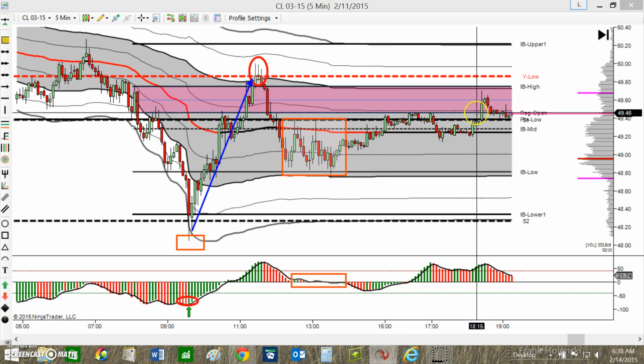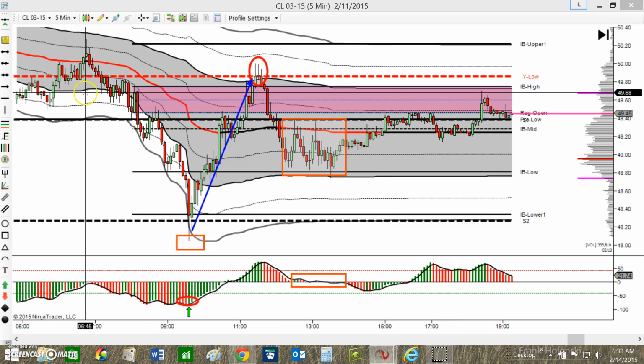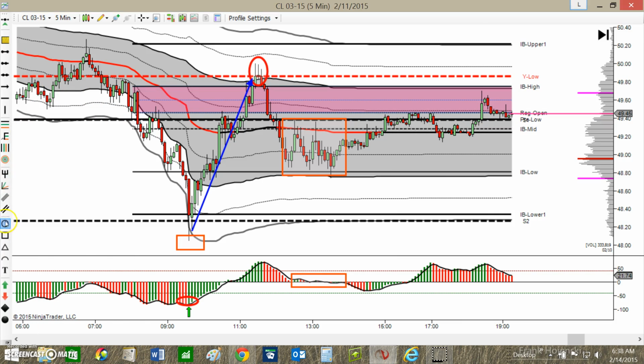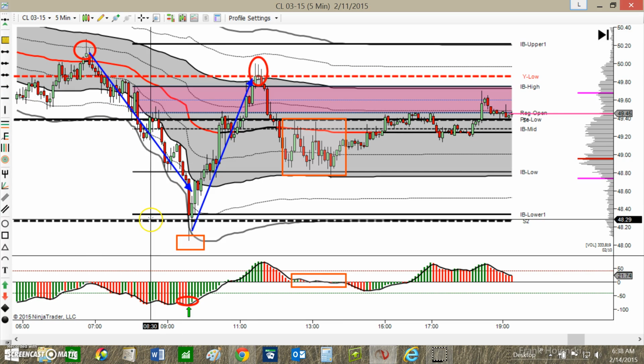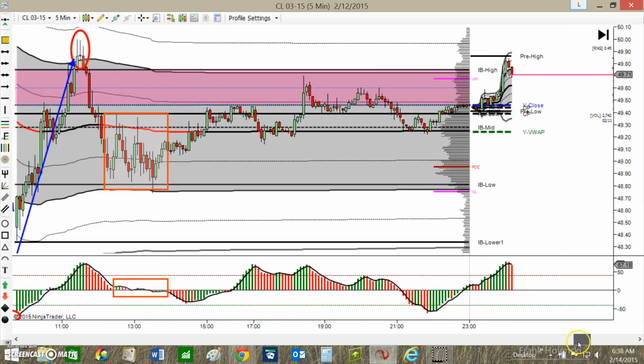I just can't help myself, but I'm trying to wean myself off of that. But I absolutely am looking for any inflection off of these deviation bands back in the direction of the trend. This is what I'm going to be focusing on moving forward.